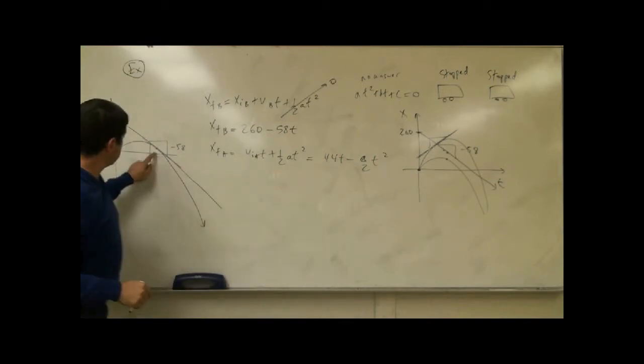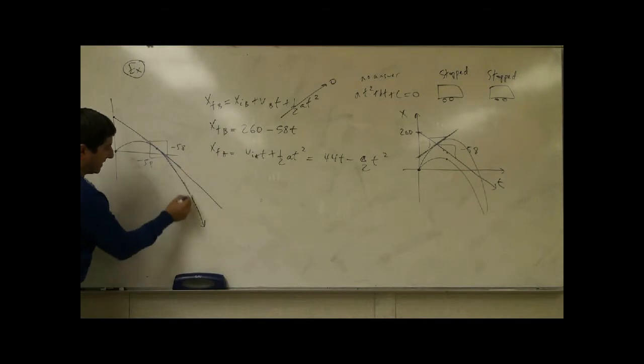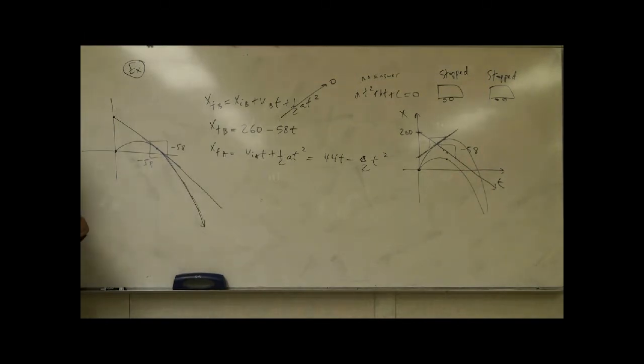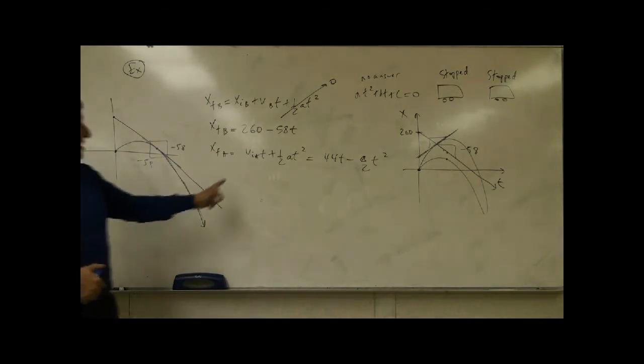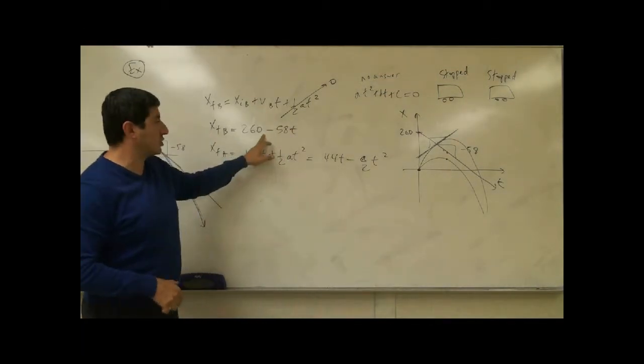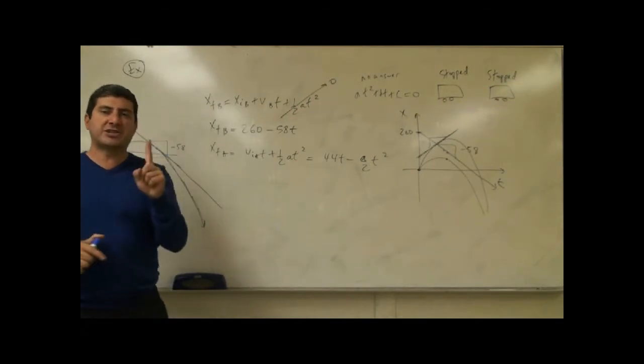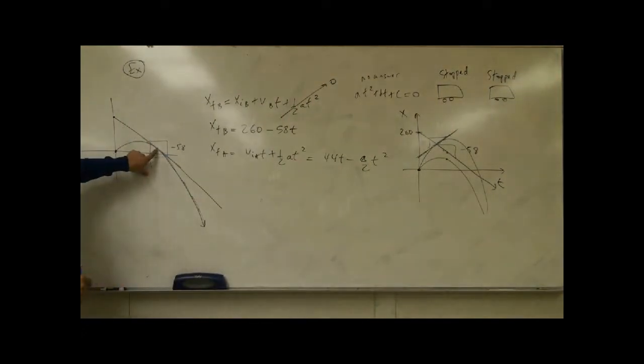And after that, the velocity of this train will be even faster, right? So one approach to this problem is to set these two equations equal to each other and force the equation to have only one answer. One answer for where they are equal, okay?